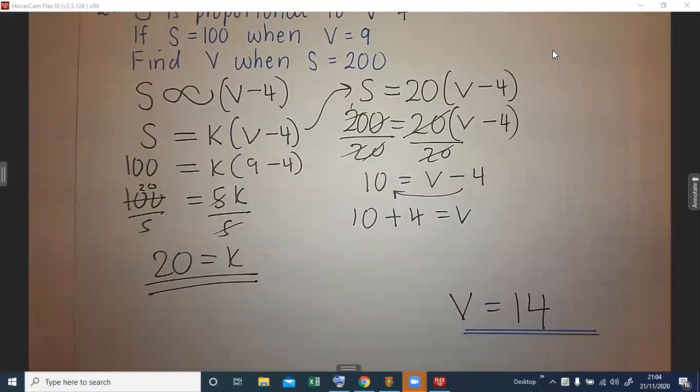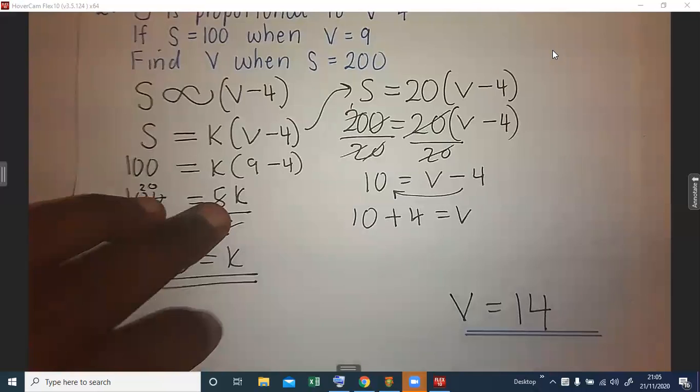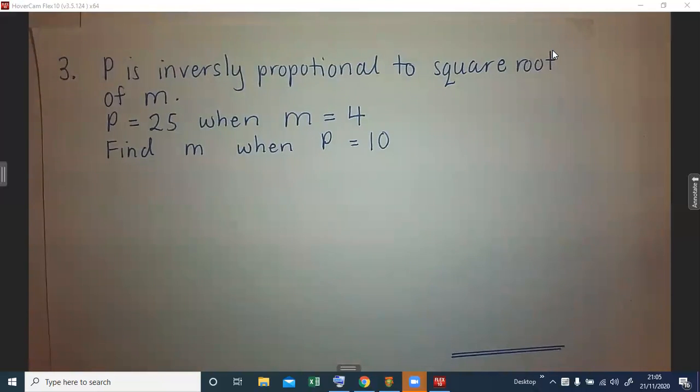So this is how we solve direct variation questions. First, we must find k, then we use that k to solve the question. So let's look at the third question, which is taking us to inverse variation.